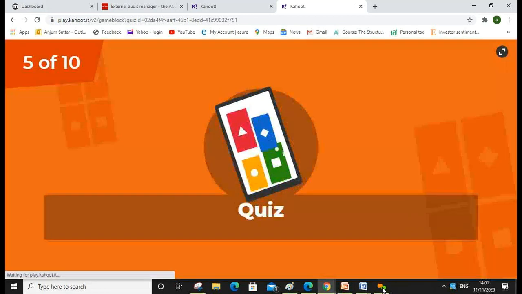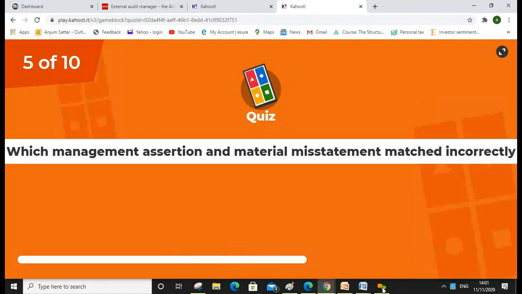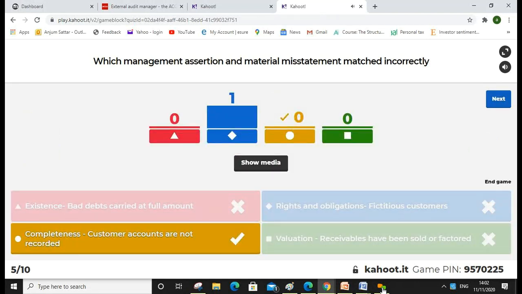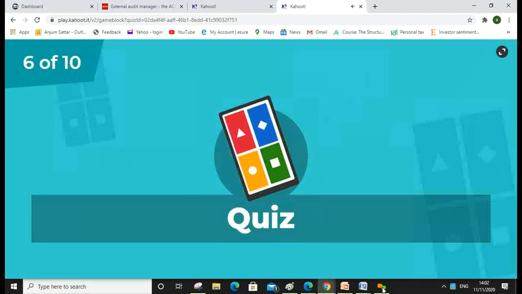Which management assertion or material statement is matched incorrectly? This will help us in the following lesson. Completeness means all the information.